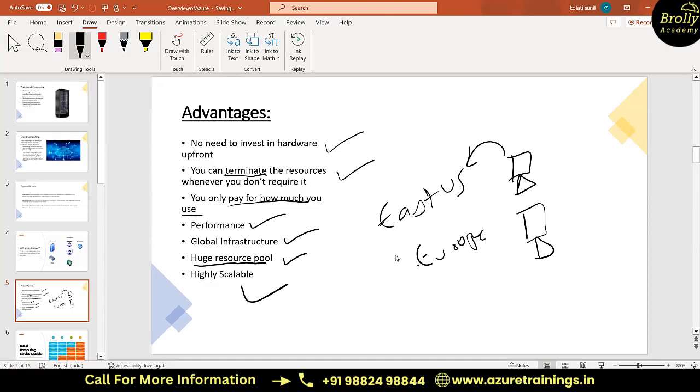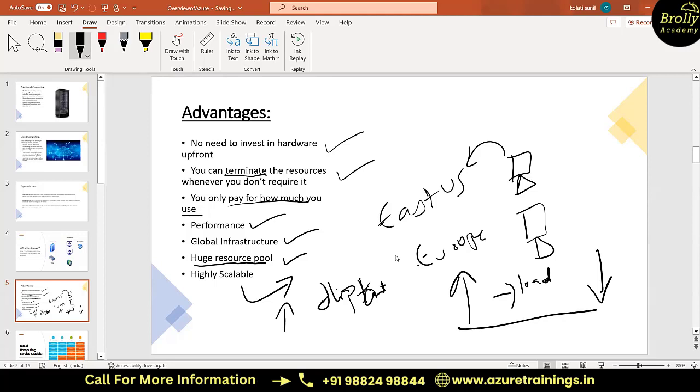And it is highly scalable. Yesterday I gave an example regarding Flipkart Big Billion Days. If there is huge traffic, our application needs to scale based upon the load. If we don't have load, our application needs to scale down.